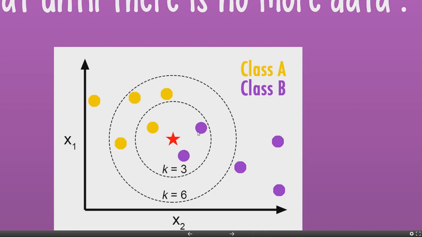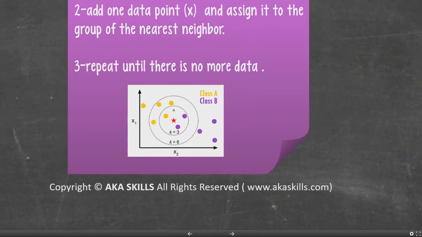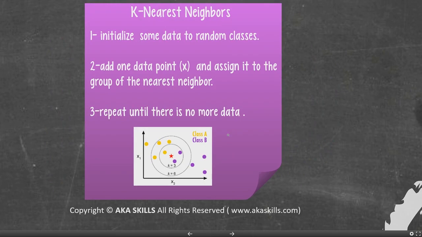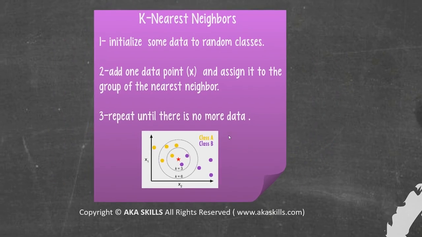We calculate there are 2 data points from class B and 4 data points from class A. That means we assign this star to class A, because there are more data points close to it from class A. So it really depends on the k. Choosing the k really carefully is really important in the k nearest neighbors algorithm.